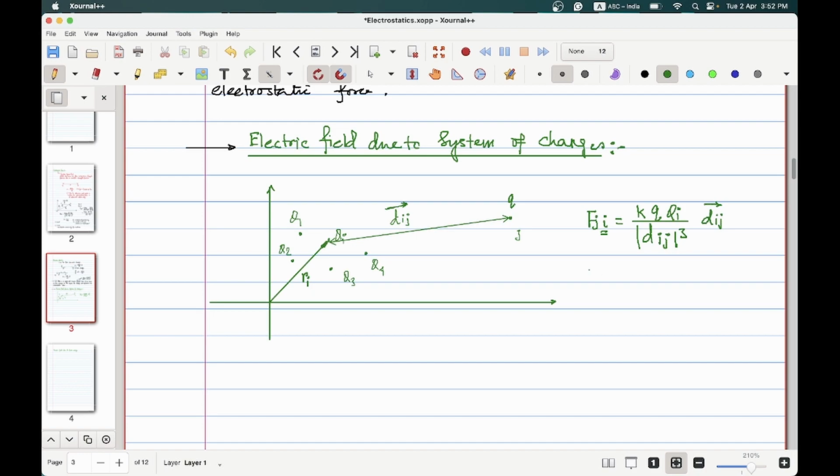Now the net force, F net, is the summation of Fji. The summation runs over i equals 1 to n. Let's say there are n number of charges.